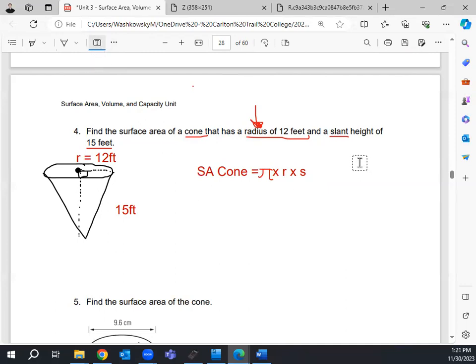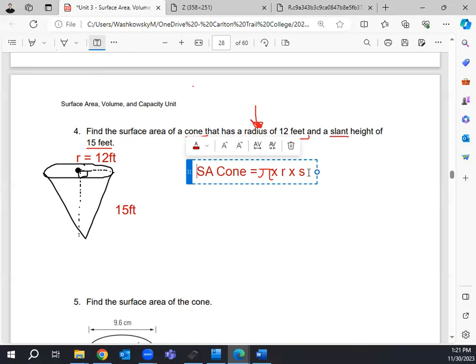So this one's actually probably the easiest of all of these, just because there's no trick here other than the fact that it's trying to trick you into figuring out what that true height is. We don't need the true height. This is the one exception, the only exception where we do not need the true height of something. I can use that slant here. So it's literally just going to be pi times my radius, which is 12 feet, times my slant, which is 15 feet.